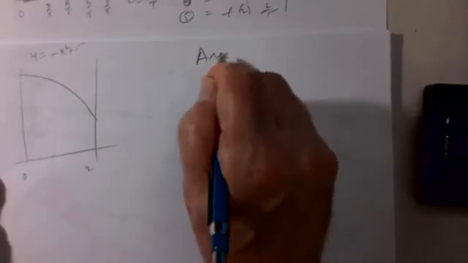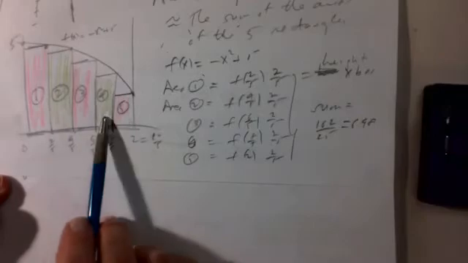So what we can say is that for this curve, y equals minus x squared plus 5, from 0 to 2, the area is bigger than 6.48, because when we added up the areas of these 5 rectangles, which were under the curve, we got 6.48.